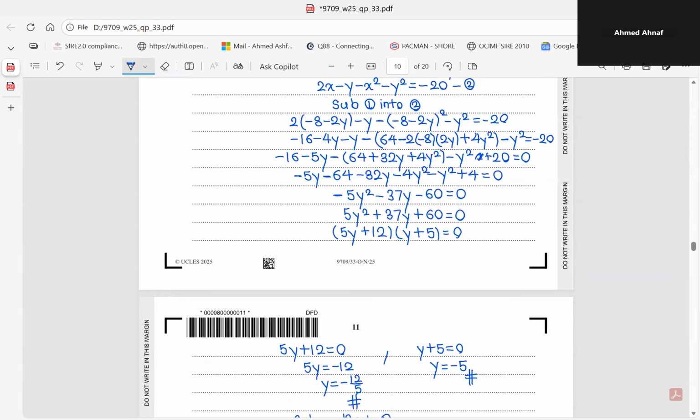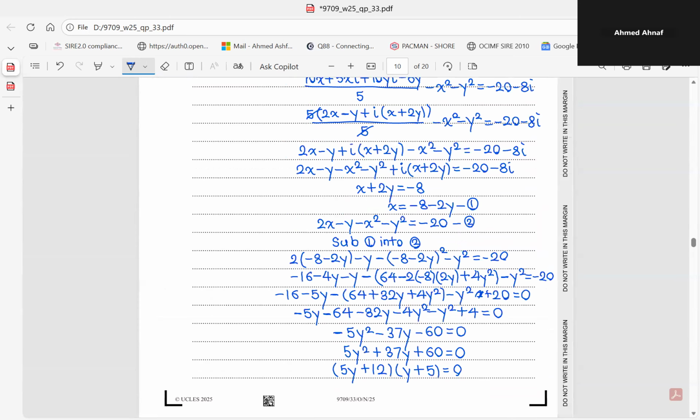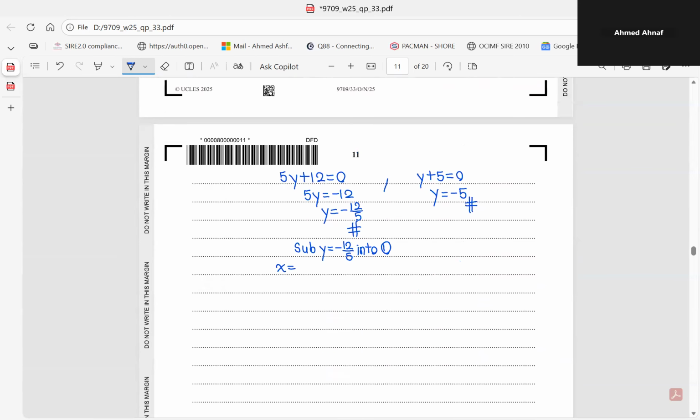So we get x is minus 8 minus 2y. So minus 8 minus 2 times y, with y being minus 12 over 5, you will get minus 8 minus 2 times negative 12 over 5, which is negative 16 over 5.